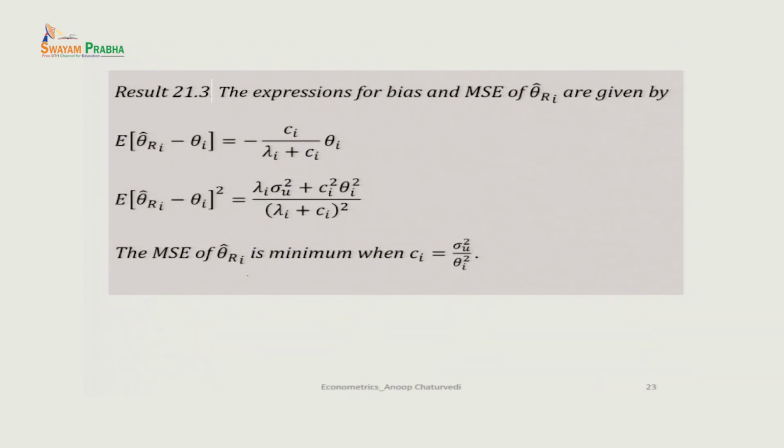And then the MSE of theta hat r i is minimum when C i is equal to sigma square u upon theta i square. Now, we prove this result. To prove this result, we write theta hat r i as lambda i upon lambda i plus C i theta i hat, and then in the numerator we add C i and subtract C i.